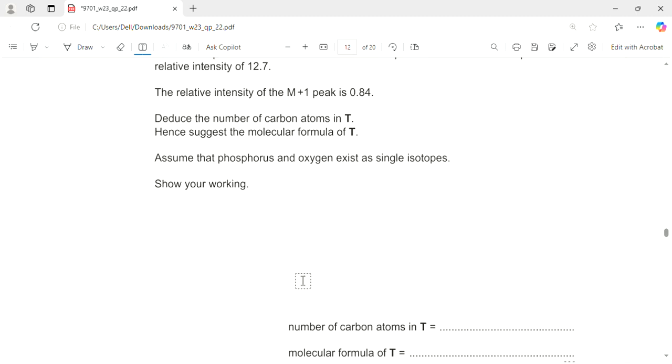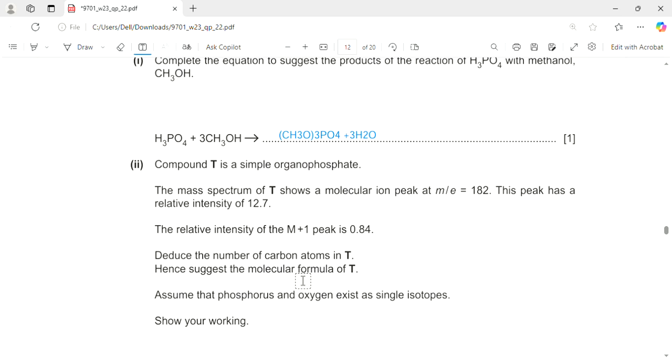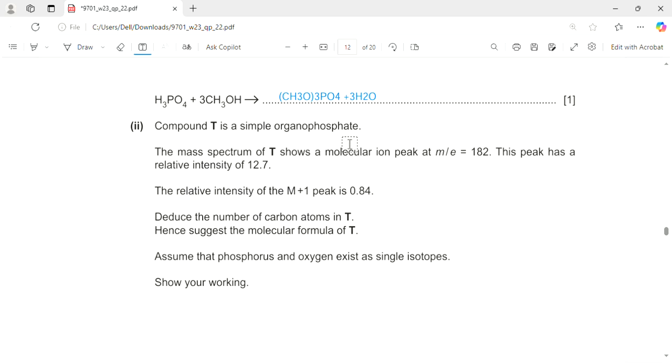Now the last part of the question, part D: a compound T is a single phosphate. The mass spectrometry shows the molecular ion peak at m/e of 122. This peak has a relative intensity of 12.7.